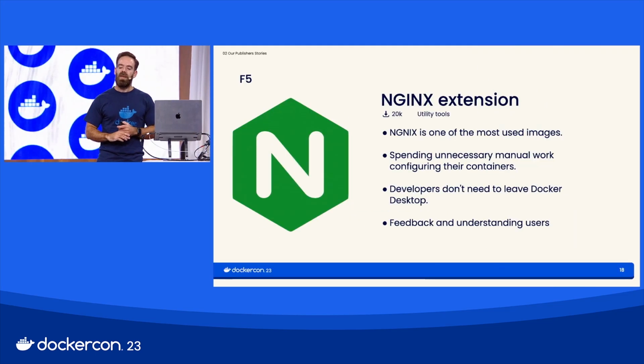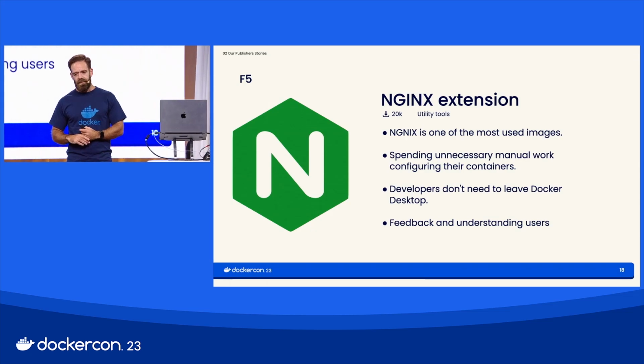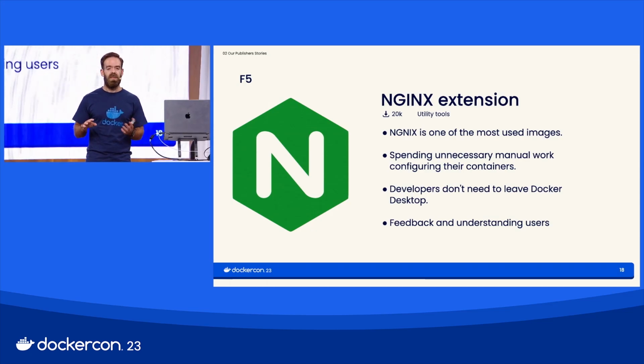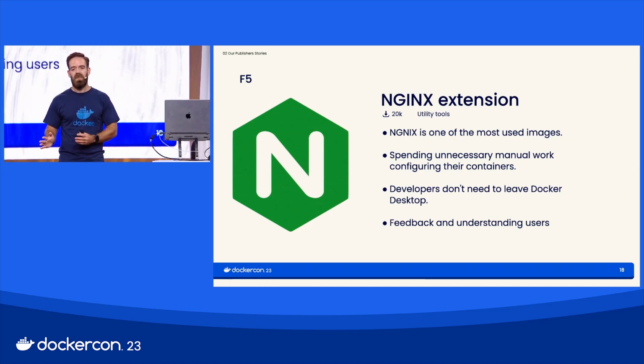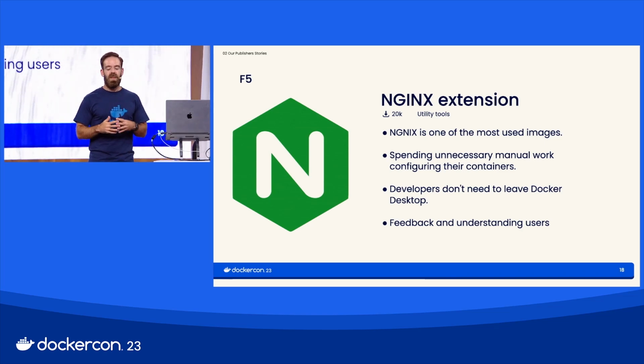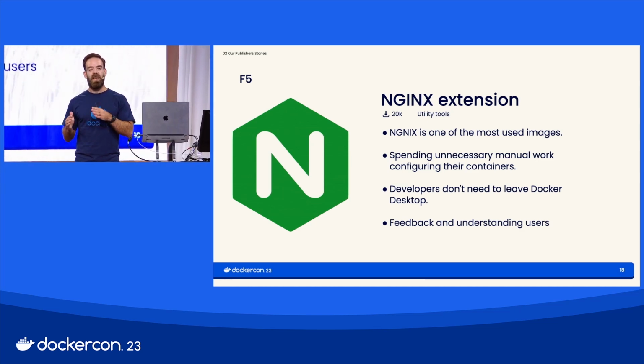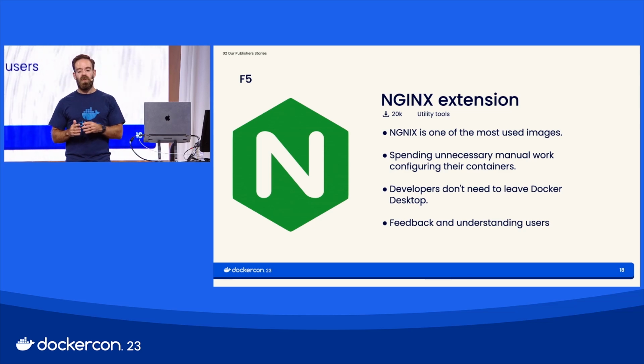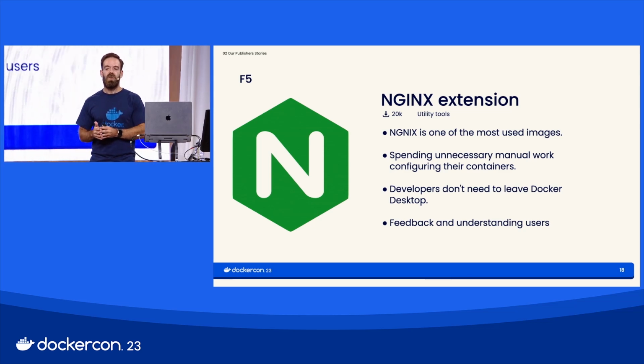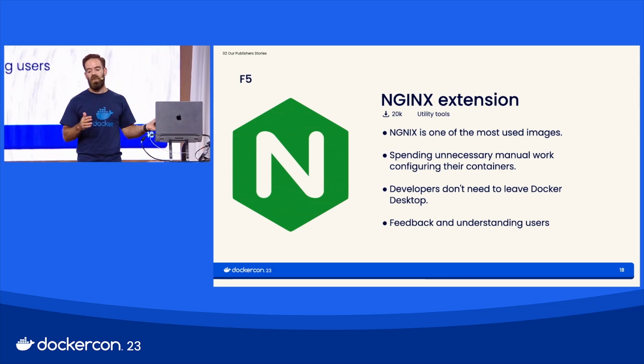The first one is the NGINX extension. NGINX is one of the most used images, period, in the Docker ecosystem. So having an extension that allows you to interact with one of the most used images is awesome. It helps a lot of people getting introduced to the NGINX world. So for all those developers that are starting to use NGINX, it solves a lot of problems for them.